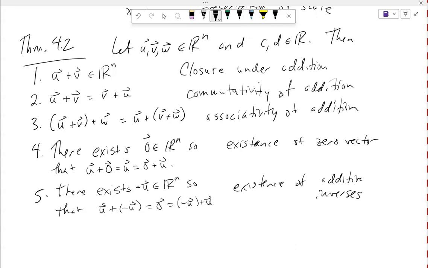Notice that if you don't have a zero vector, you can't have inverses, right? Without 4, you can't have 5. You can't get back to the zero vector if you don't have a zero vector, right? But just because I have a zero vector doesn't mean I'm going to have inverses.